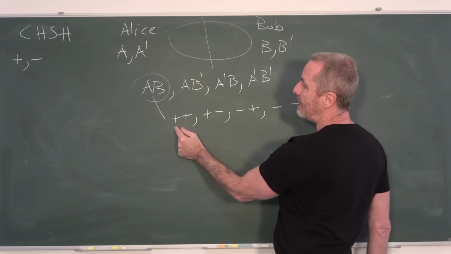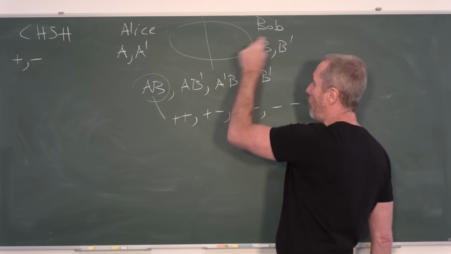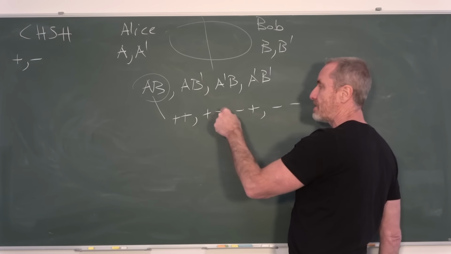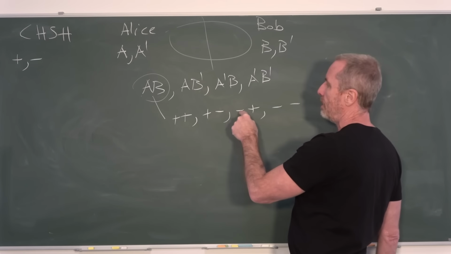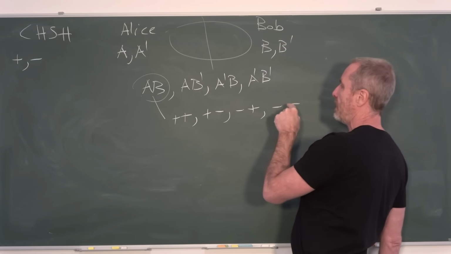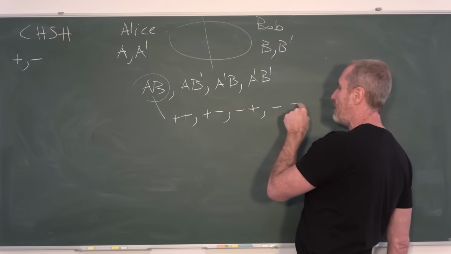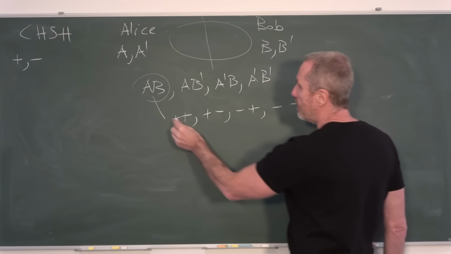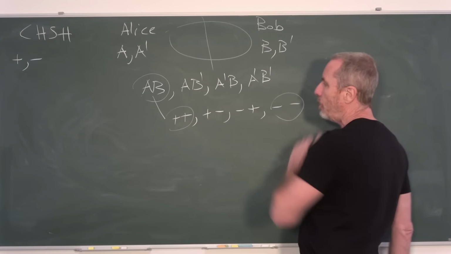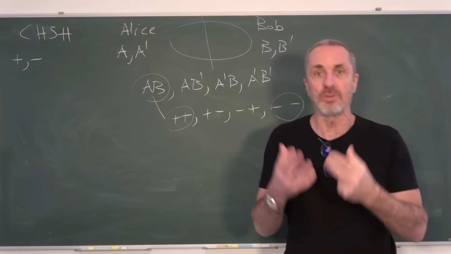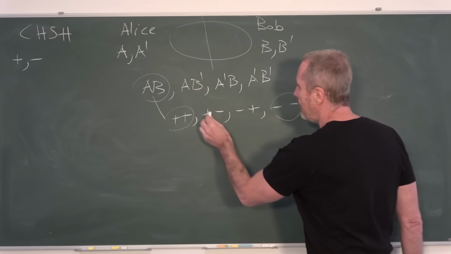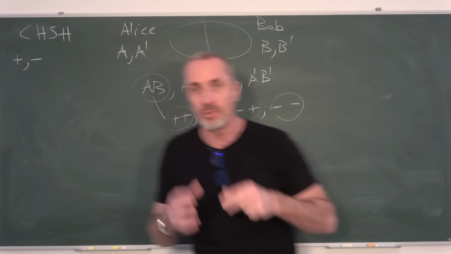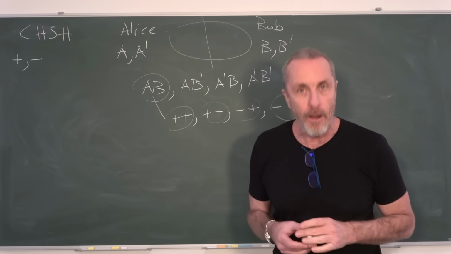So here Alice has outcome plus and Bob also has outcome plus. Here Alice has outcome plus and Bob has outcome minus. Alice minus, Bob plus. And here both Alice and Bob have outcome minus. So we see here we have two outcomes that we can call correlated because the sign is the same. And here we have two outcomes that are anti-correlated because the signs are opposite.